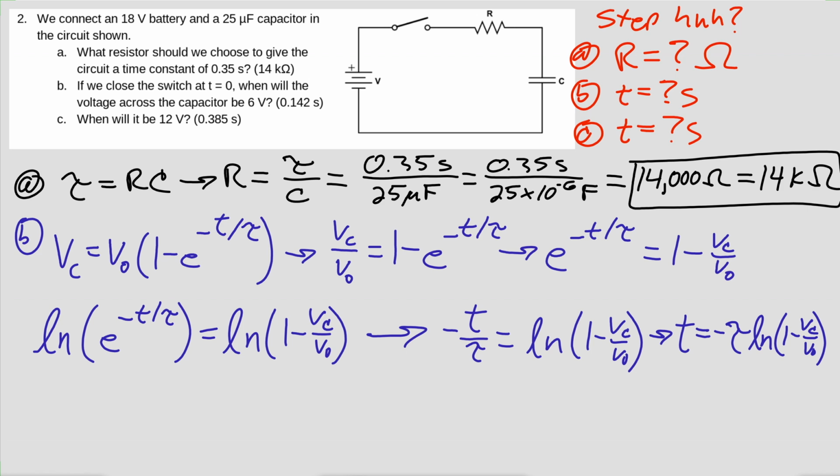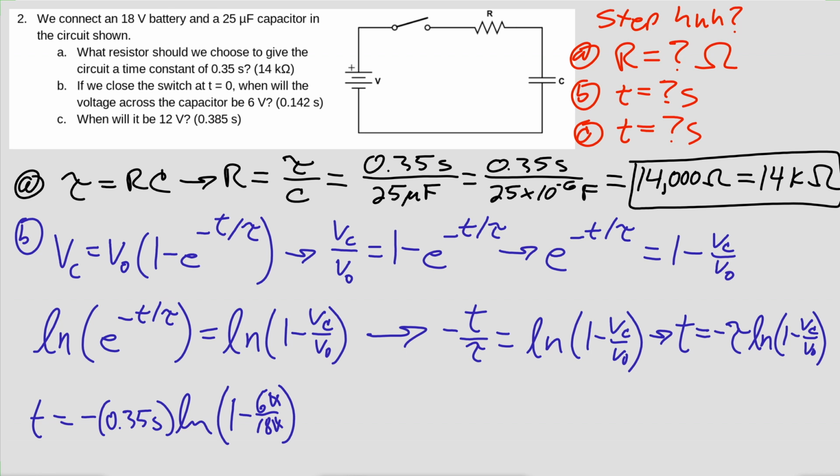So we've got that, so we just have to plug in the numbers we have. Time is equal to negative tau. Remember, tau is 0.35 seconds, times the natural log of, all in parentheses, 1 minus V sub C. Remember in part B, we want to know when will V sub C be 6 volts, over V naught. V naught in this case is 18 volts.